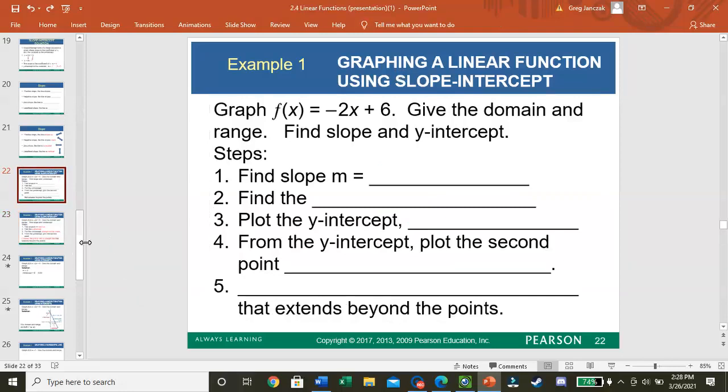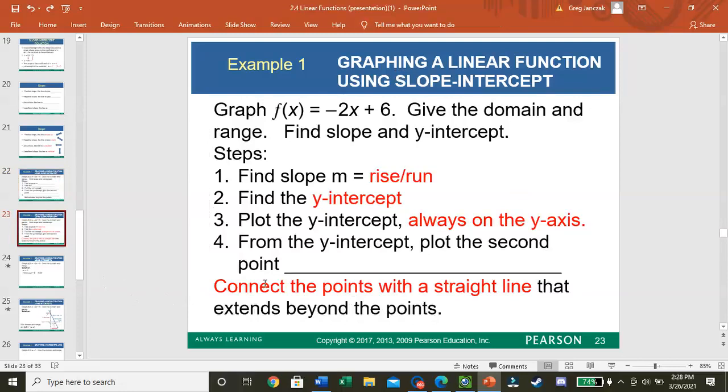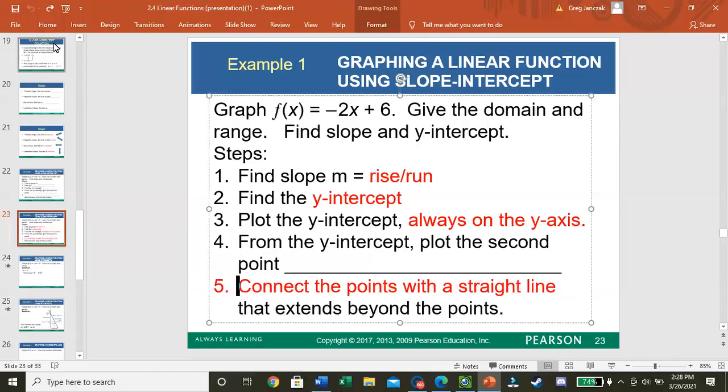From the y-intercept, plot the second point using rise over run.